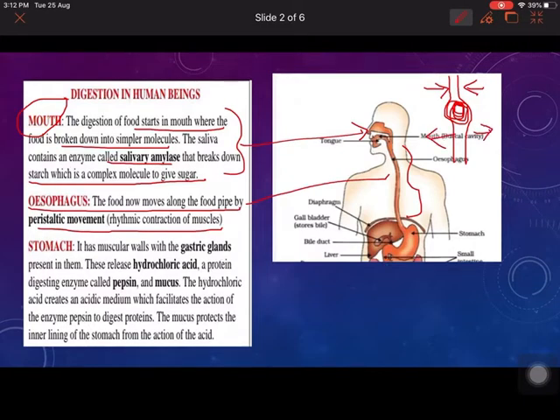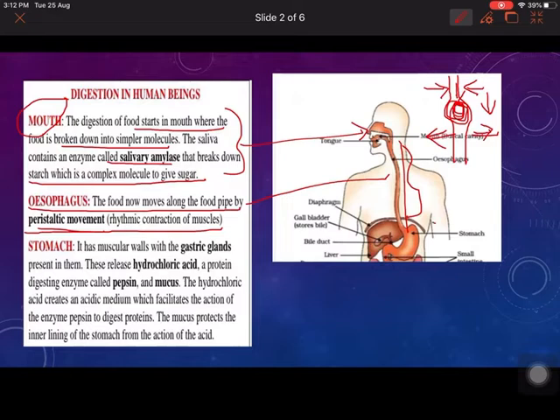This contraction on the upper part helps the food move downwards because of the applied force, and the relaxation of the lower part helps the easy movement of the food. So the food will go from the mouth to the stomach, and this movement is known as peristaltic movement. That is why it is called rhythmic contraction of muscles.